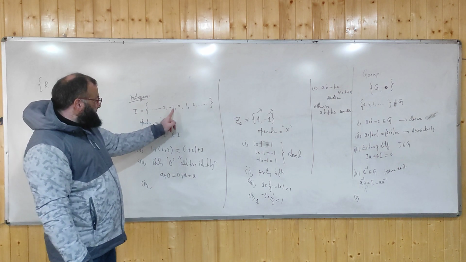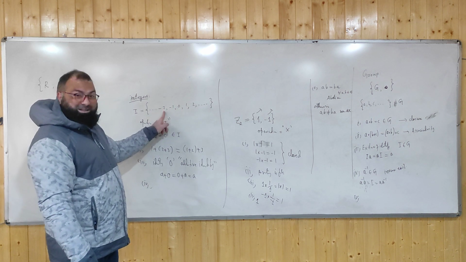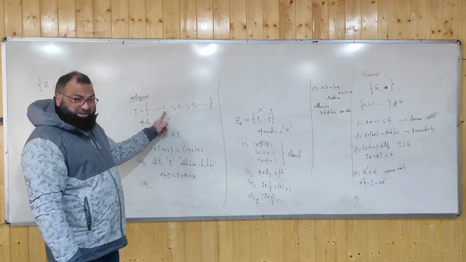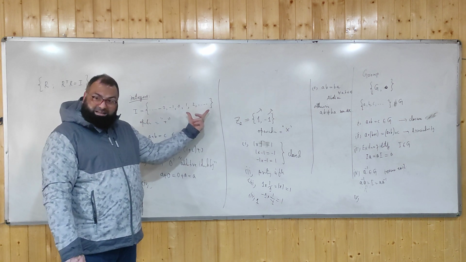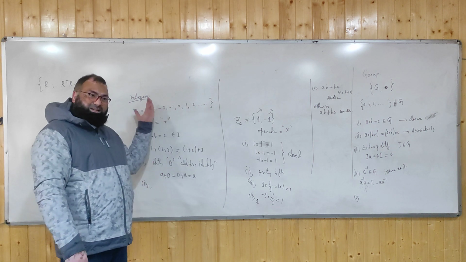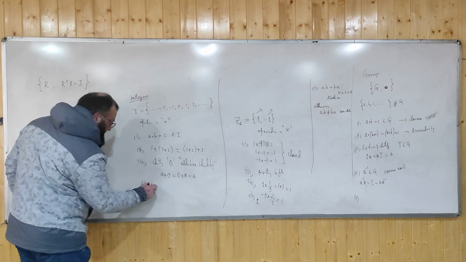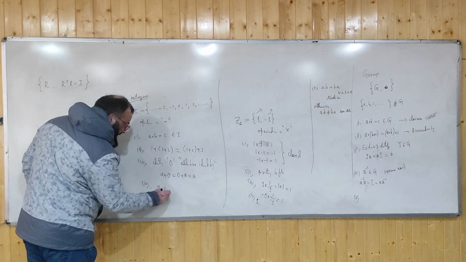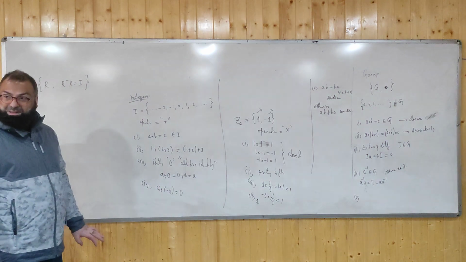So you take 1 plus minus 1, and that will give you 0. 2 plus minus 2. So negative numbers are the inverses of the positive numbers under addition, or the positive numbers are the inverses of the negatives. Clear? So a plus minus a, what does it give you? 0. Clear? So it is under addition.